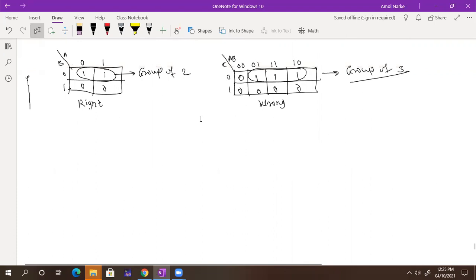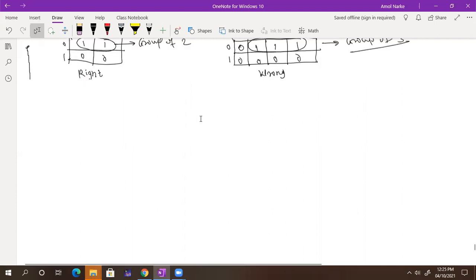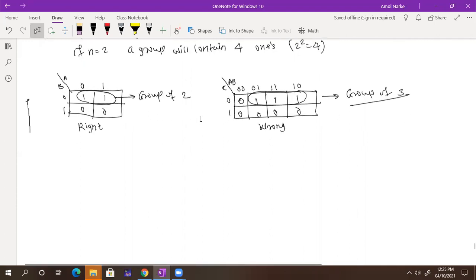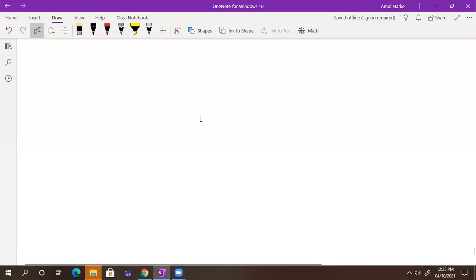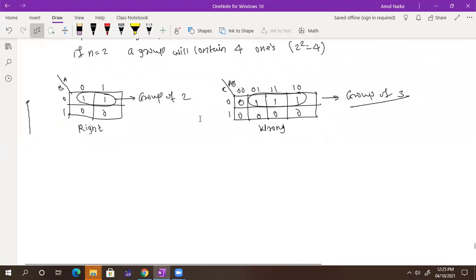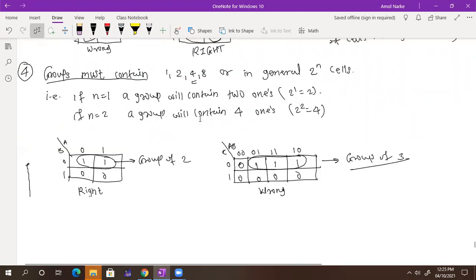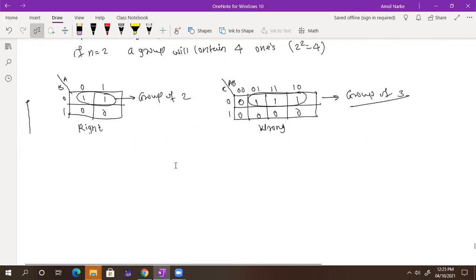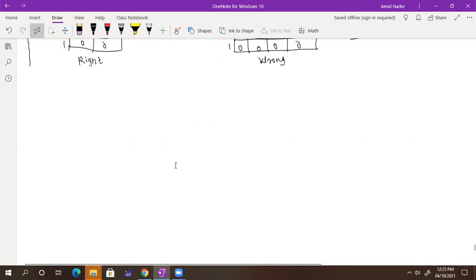Meaning in the first row all ones, and then below two ones, it won't be possible separately. Okay, and the last one, this is the fifth one. Where is the fifth one? We have done the fifth one, no? Where is it?